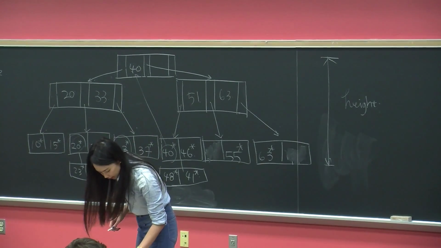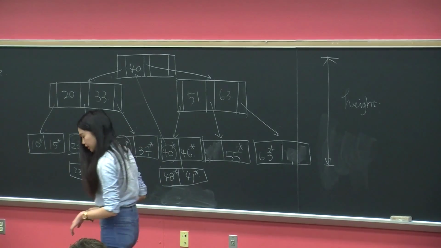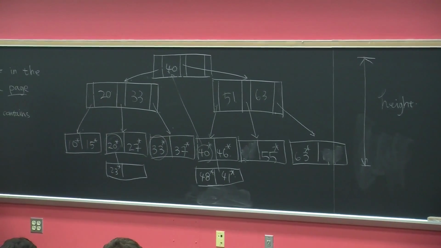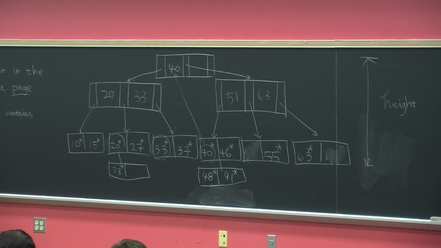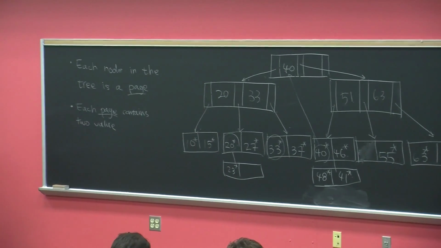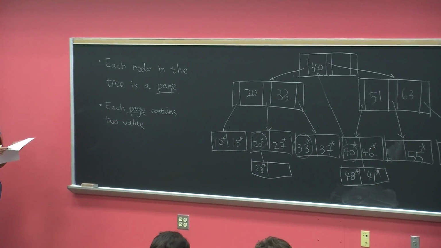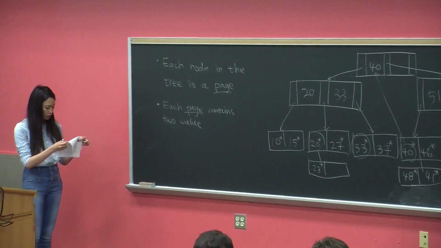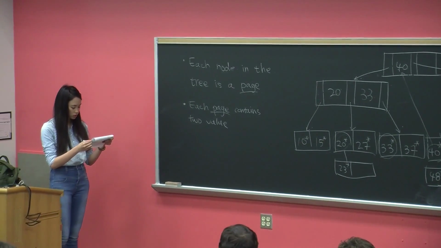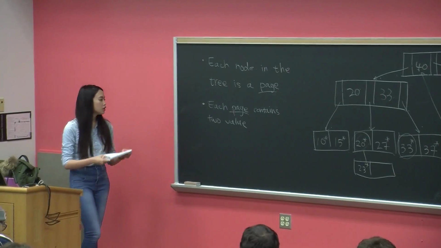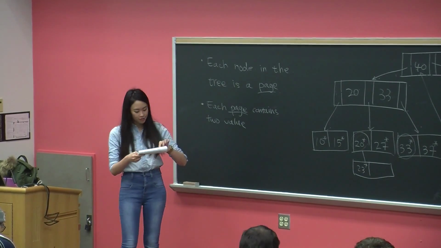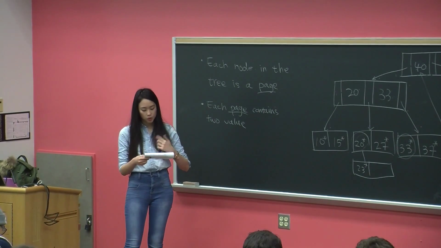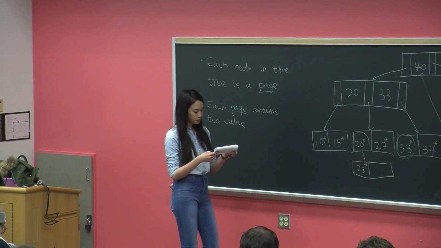Okay, so you can take a look at slide 7. There I put 2 letters. One is F and one is N. For F, I put number of entries per index page, okay?